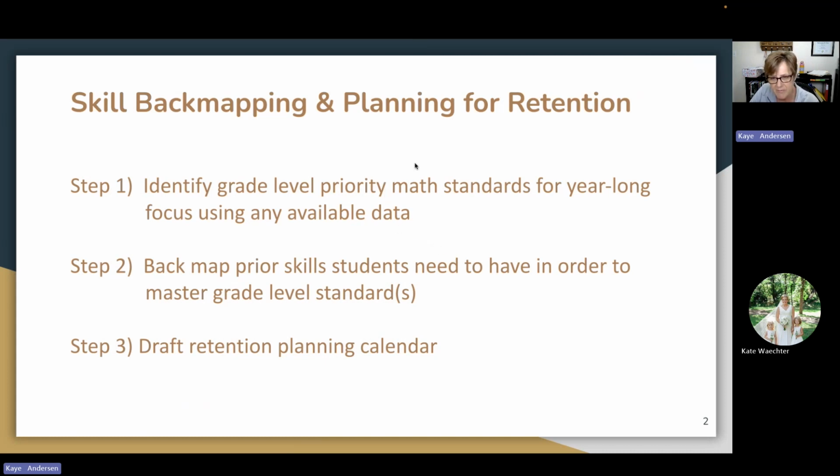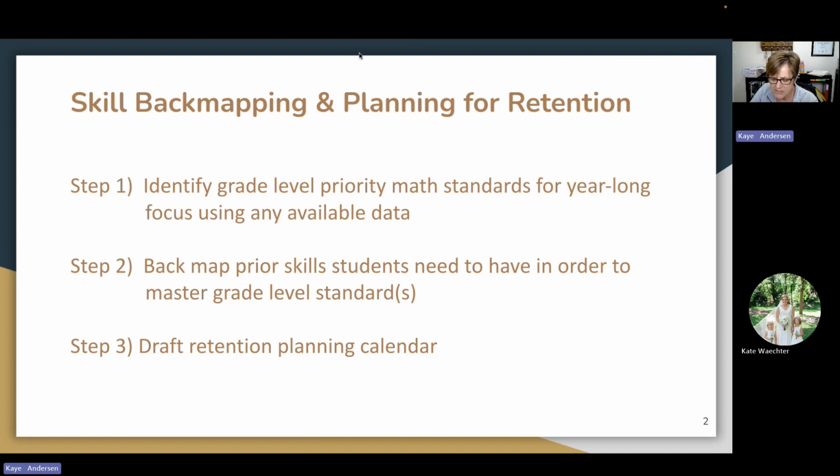There are things that they should have mastered prior to that, which often make it difficult for them to be successful in the work that we're doing. And then we have to purposefully plan for retention once we have a chance to back map and reteach those prerequisite skills as well as the skill that we're working on at grade level.